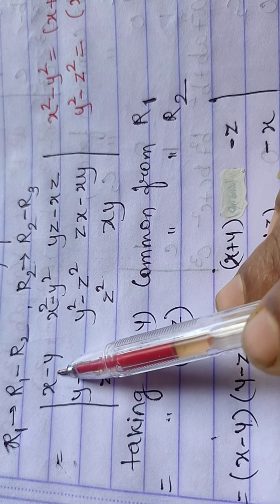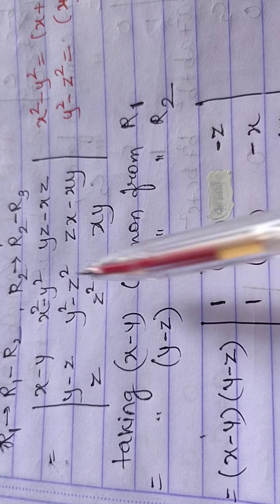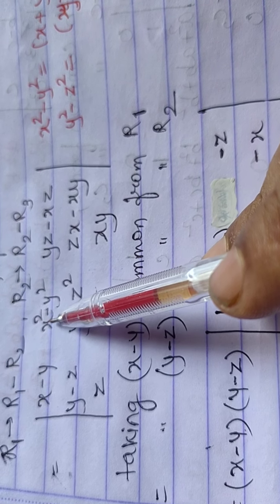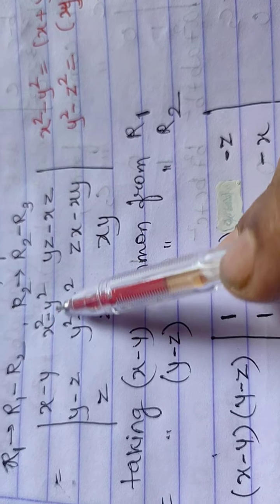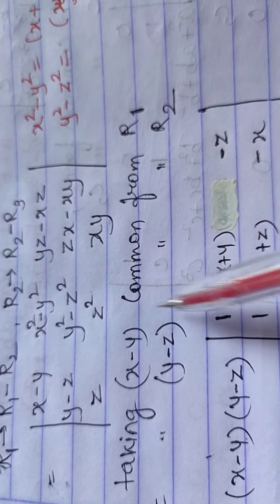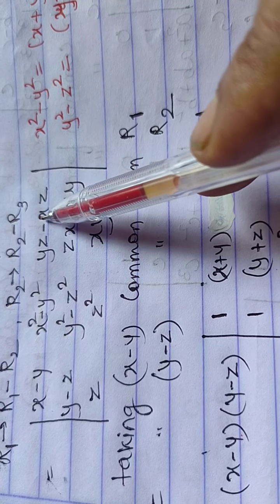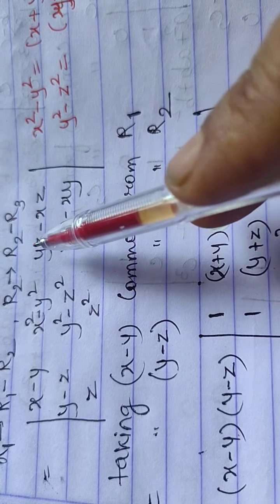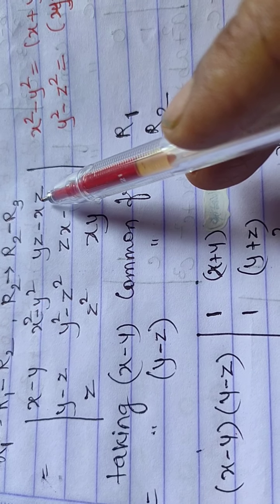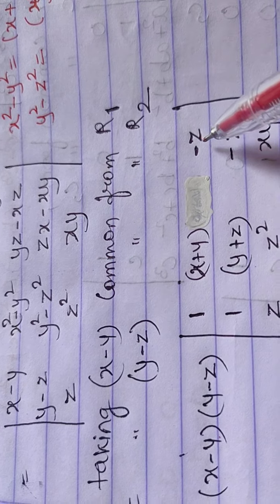The elements which are left: we have taken x minus y common, so here 1 will be left. From the product (x plus y)(x minus y), x plus y will be left, and from the third term we have taken minus z common, and the x minus y bracket is common, so minus z will be left.